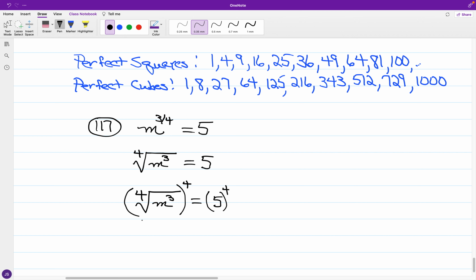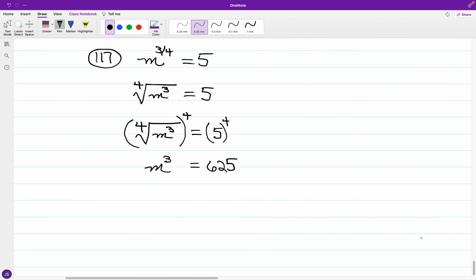Okay, so the left hand side will become m to the 3rd, after we clear away the exponent and the 4th root. Now 5 to the 4th will become 625. Again, 5 times 5 is 25, times 5 is 125, and then times 5 is 625.